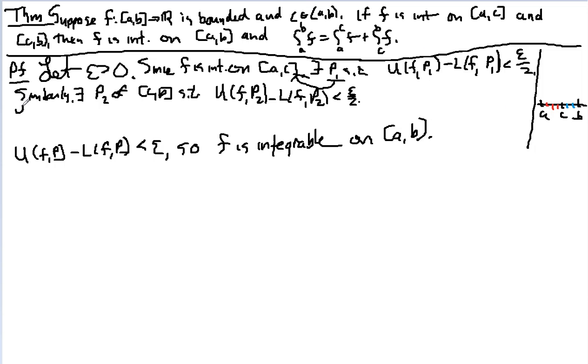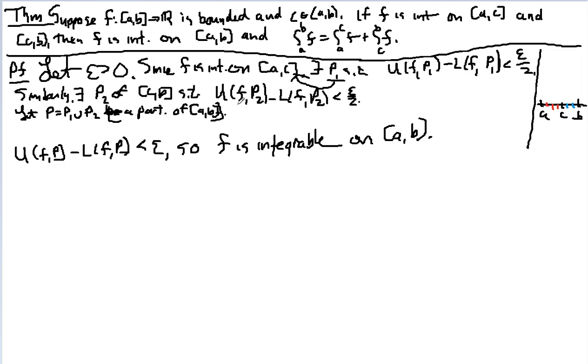I'm going to let P equal P1 union P2, a partition of AB. I'm not defining it to be, it just is. So between A and B, take the red marks and the blue marks together, that's a partition.